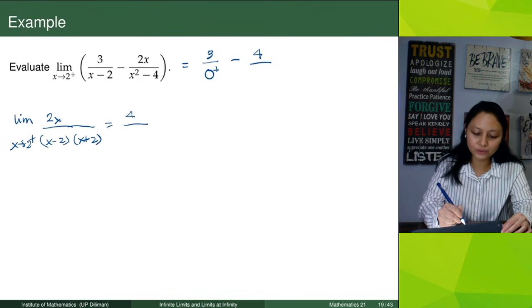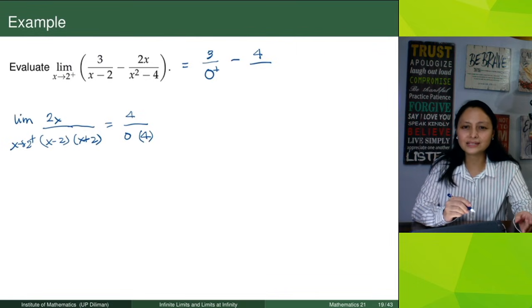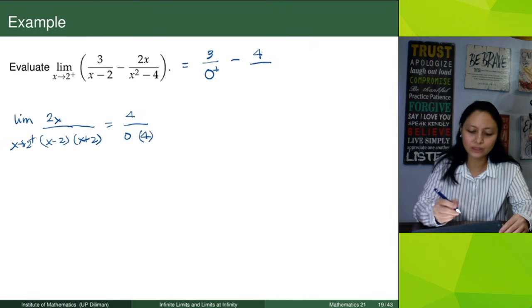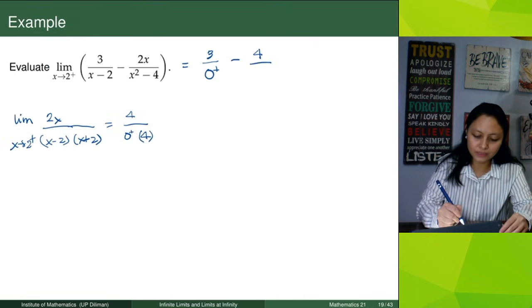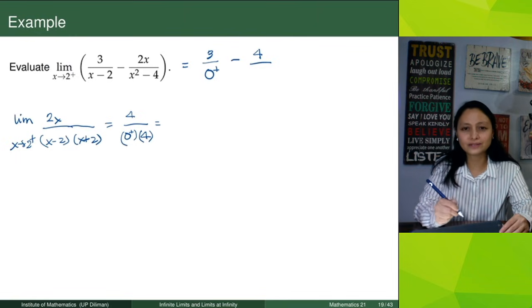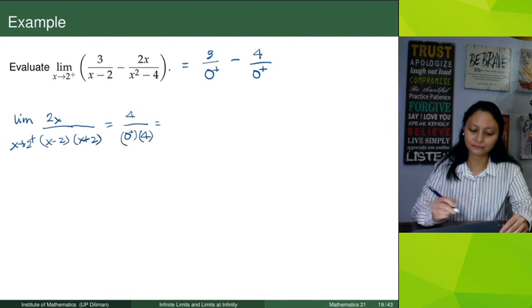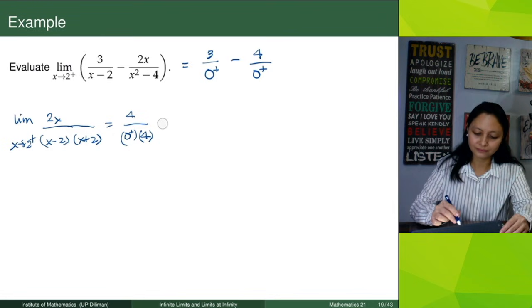Sa denominator, 2 minus 2 is 0, and then 2 plus 2 is also 4. Okay, we have to determine how you are approaching 0. Since your x is approaching 2 from the right, or through values greater than 2, you'll be approaching 0 from the right. Therefore, you have 4 over 0 from the right, or that is equal to positive infinity.